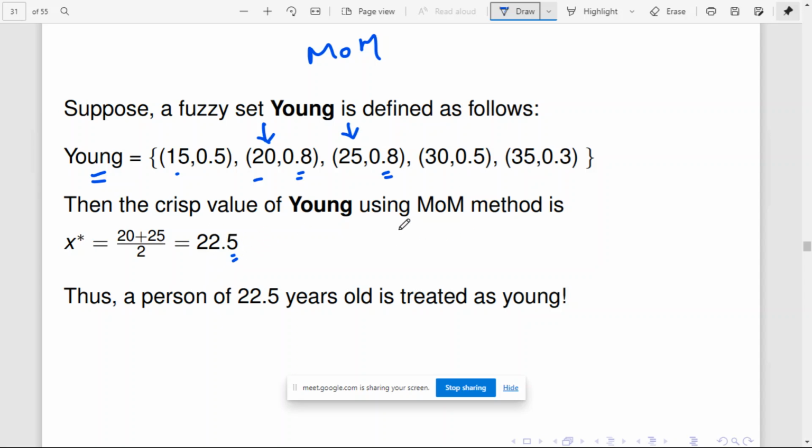If you use FOM, what is the crisp value? Could someone answer? If you use FOM technique, first of maxima, what will be the crisp value? What will be x star? See, either you answer or you say don't know. If you are keeping quiet, that is not good.